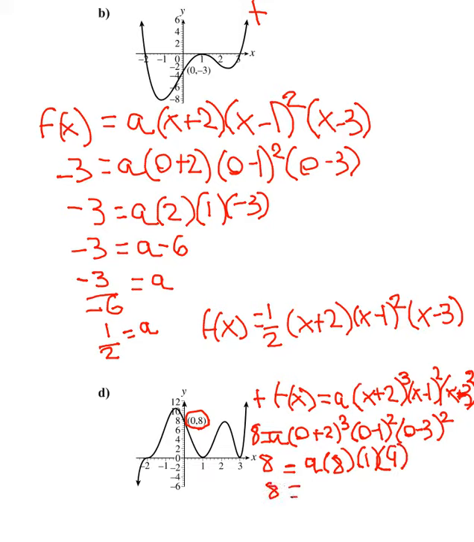So negative 8 equals a times 72. Now we're going to bring the 72 over, so negative 8 over 72 equals a, and that also equals negative 1 over 9.